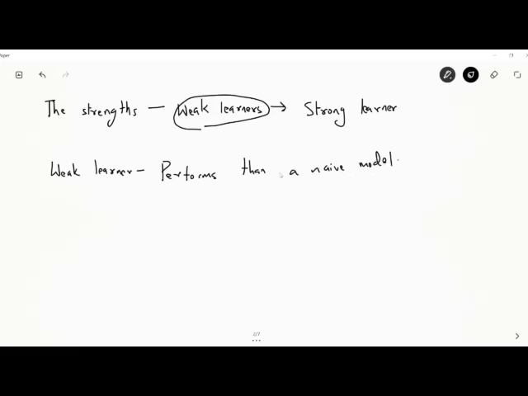For example, in AdaBoost, which is a boosting algorithm, it is quite common to use decision stumps as the weak learners.